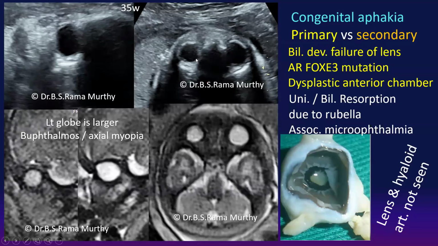In secondary cases of aphakia, the lens was present earlier in gestation, but then gets resorbed due to some pathology. That pathology could be a rubella infection or an ischemic insult, and that can happen either unilaterally or bilaterally. Apart from the lens being absent in secondary cases, it can also be associated with microphthalmia.